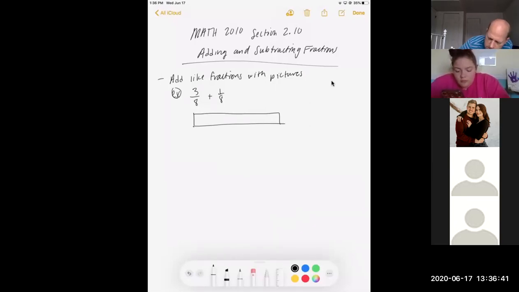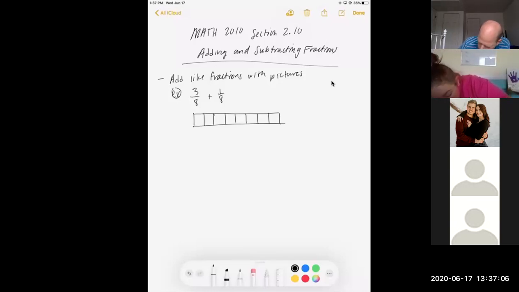Okay, so the first fraction is 3/8, and I want to divide my bar into 8s. So what I can do is I can divide the bar in half, and then divide each of those halves in half. Now I have 4ths, and I divide each of those halves in half. Okay, and I have 8s, and they're spaced fairly equally across the bar.